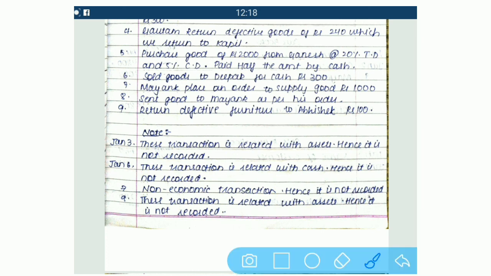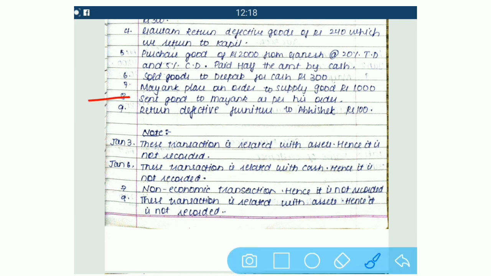Then January 7th, Mayank placed an order to supply goods of rupees 1,000. We have seen this in journal entries also. When any goods supply order is given, then that transaction is considered a non-economic transaction. So again we have to give an entry for January 7 in the notes: non-economic transaction, hence it is not recorded.